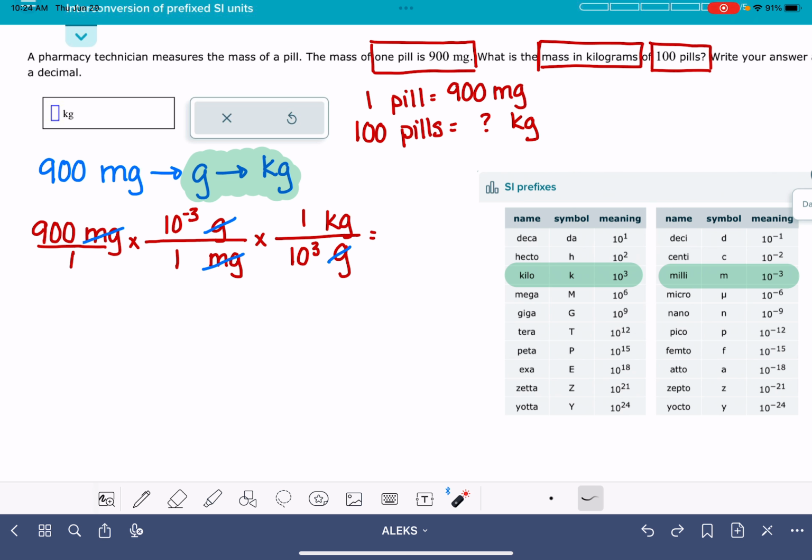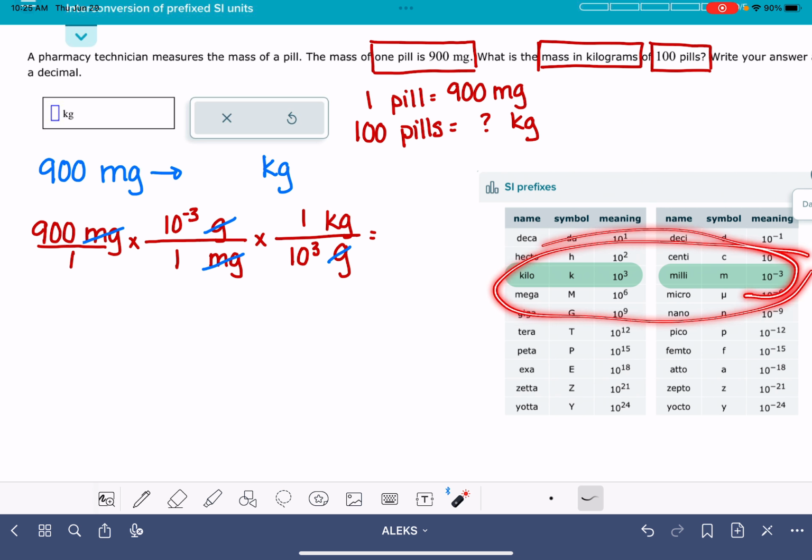These tables of prefixes give you the relationship between the prefixes and the base units. The table of prefixes don't give you the relationship between one prefixed unit and another. So if you wanted to go directly from milligrams into kilograms, you would either have to look that conversion factor up somewhere else, or you'd have to figure it out in your head.